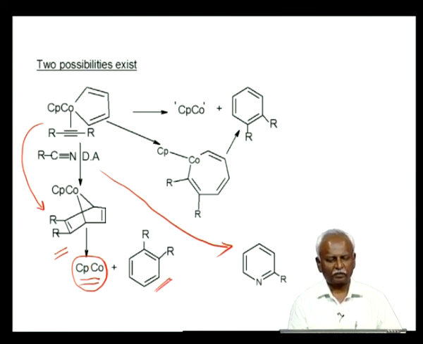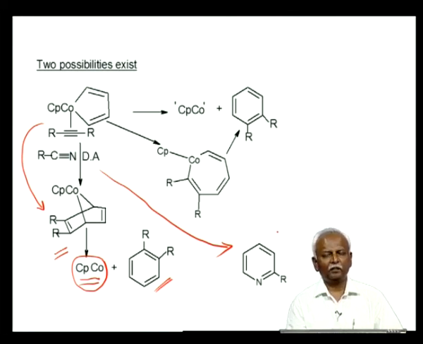the aromatic species. Now, it turns out that if you have a mixture of acetylenes, you can have a variety of arene molecules generated, and if you have nitriles present, you can have pyridines generated.